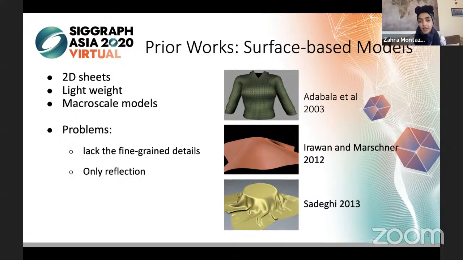They are very lightweight, so they're very easy and fast to render and generate. They're very good for macro scale models, but the problem comes in when you zoom in. In that case, it would lack the details, and it also doesn't handle the reflection and transmission of light. So what if we have a lampshade and the light is coming from the back? Those are the limitations of the previous works.